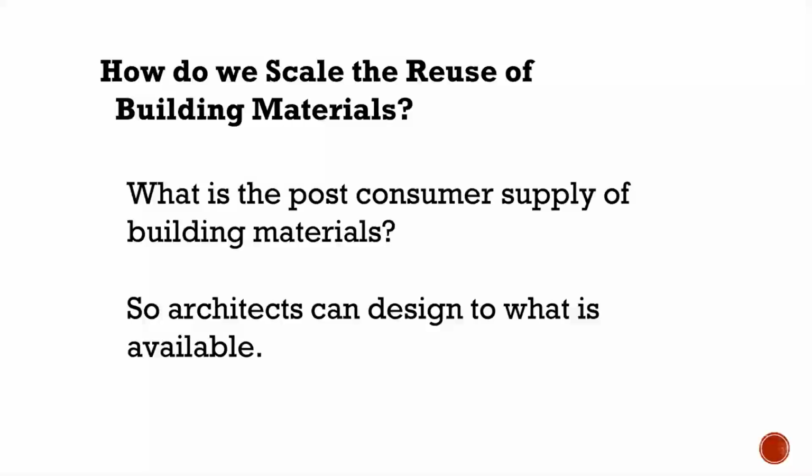So how do we scale the reuse of building materials? What is the post-consumer supply of building materials so that architects can design to what is actually available? Next slide.